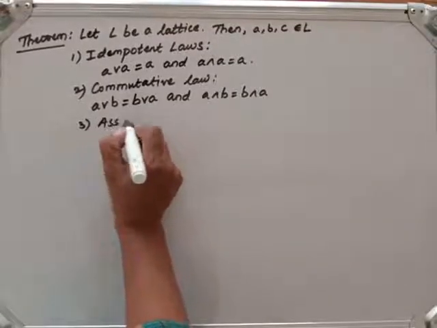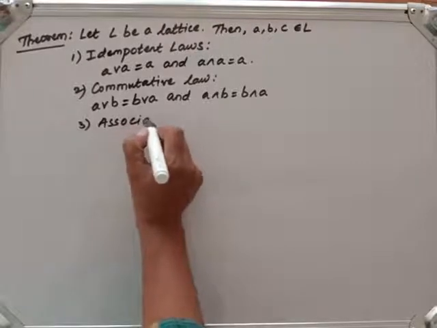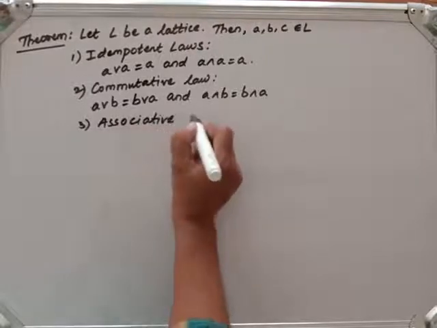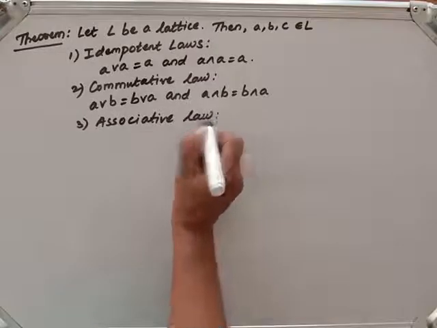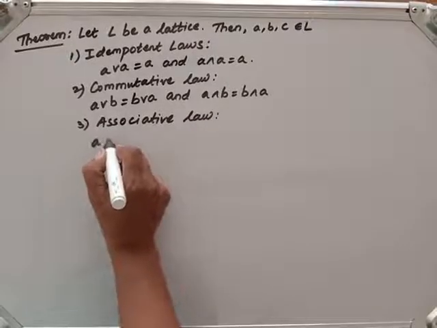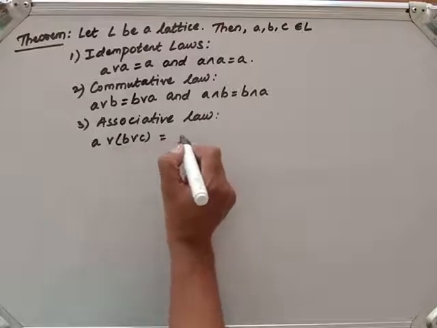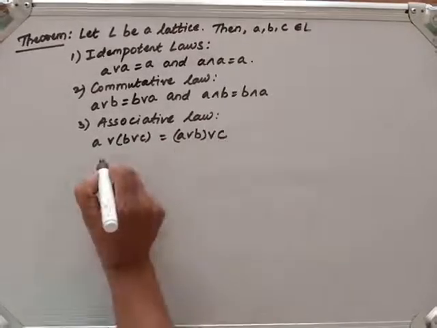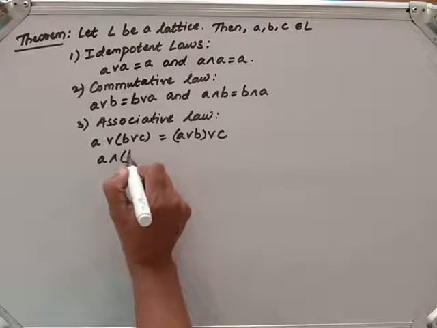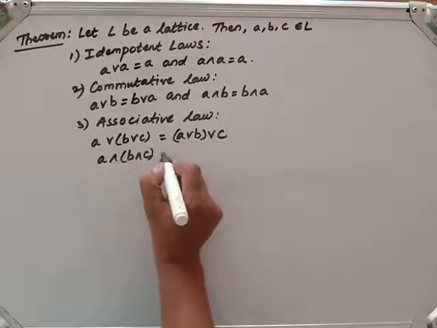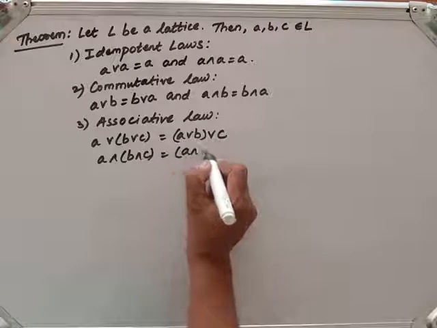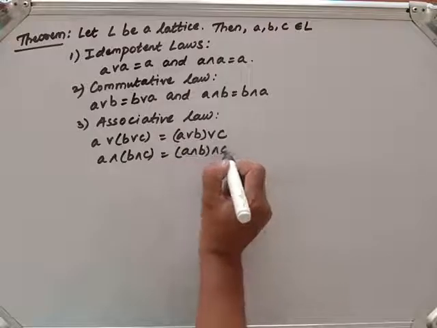Associative law. What do they say? A join B join C is same as A join B join C. Then A meet B meet C is same as A meet B meet C.